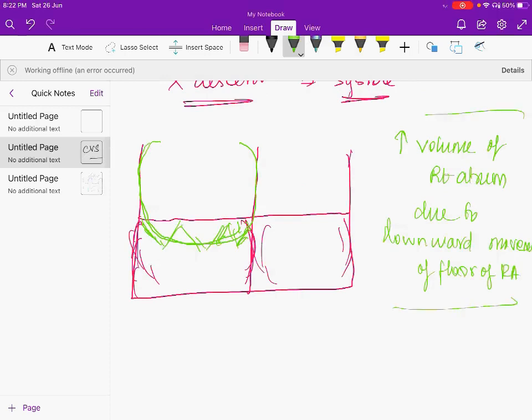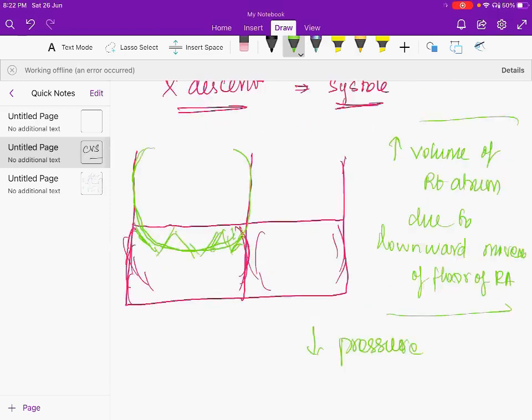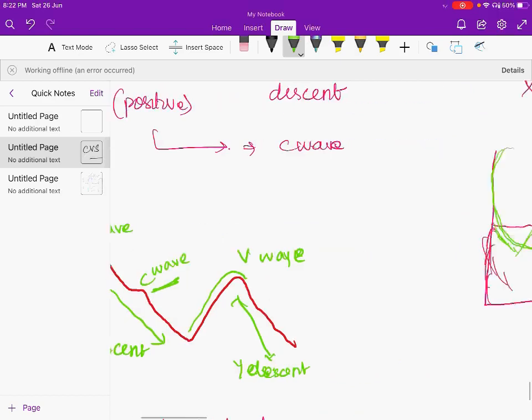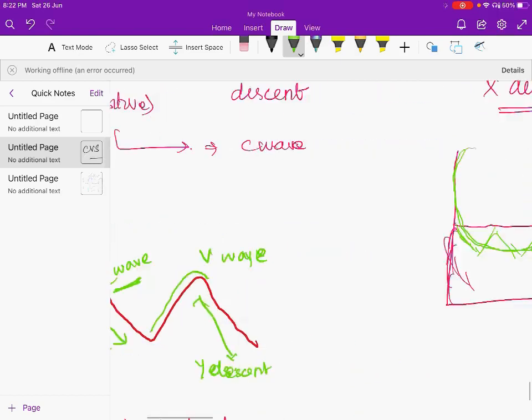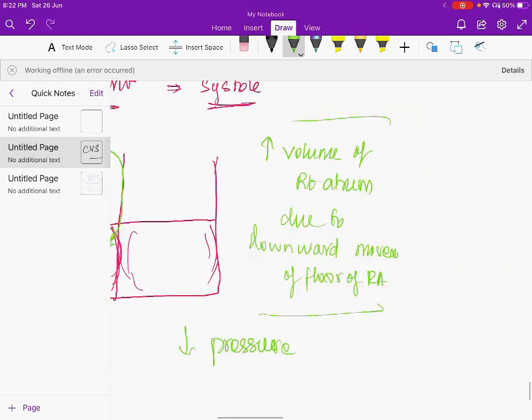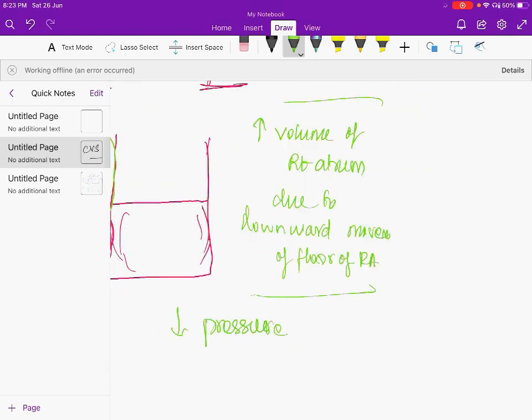So once your volume is increased with the same amount of blood inside, your pressure will come down. So that will produce your X descent. But why is there a positive deflection in between this X descent?